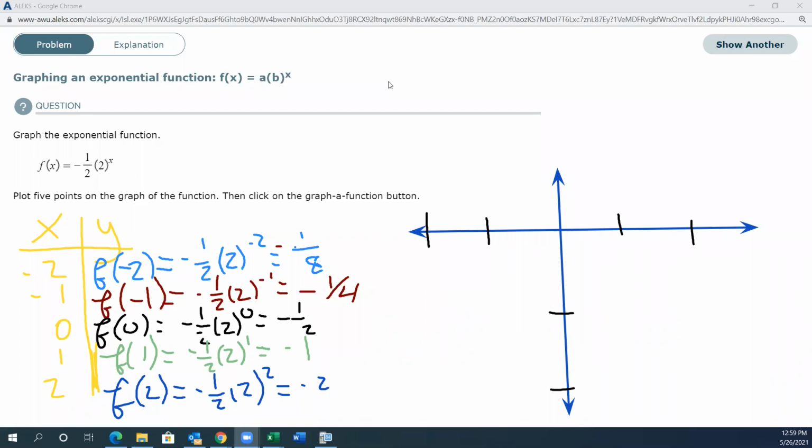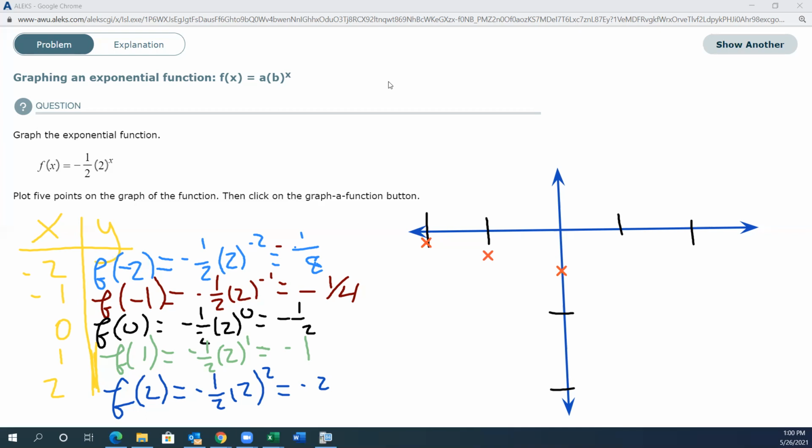So the first one says, when x is -2, y is -1/8. So when x is -2, y is going to be about right there. It's only down 1/8. The second one says when x is -1, y is -1/4. So about right there. Left 1, down 1/4. And the third point is 0, -1/2.